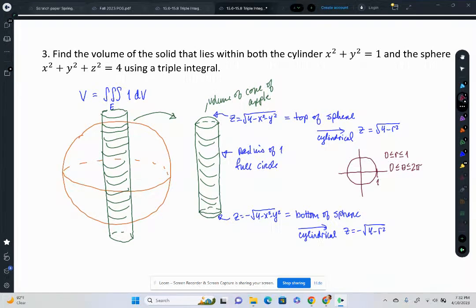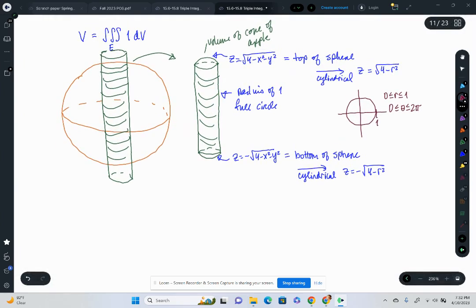Okay, I think we have everything we need. We have the z bounds, the theta bounds, the r bounds. We know that the integrand is 1, and so I think we're good. Let's go ahead and set this up. Volume is triple integral. The outer integral, I'm going to let be theta, so 0 to 2 pi. I'll let r be in the middle, 0 to 1.